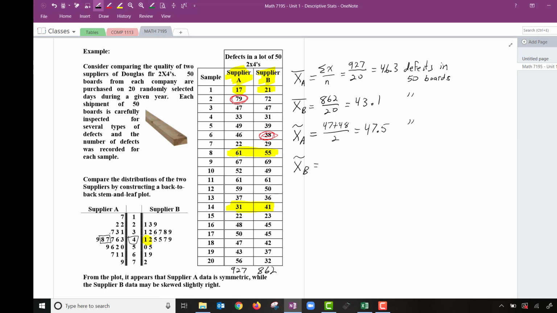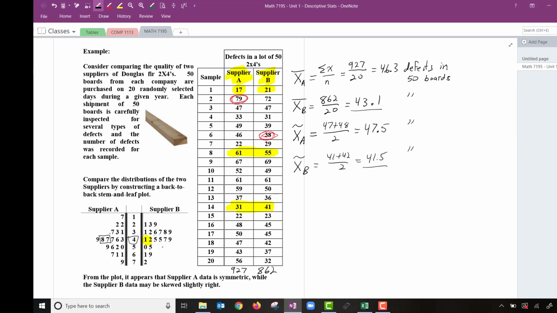The middle one is 41.5 defects in 50 boards. So in all categories, B is the winner. We knew it just by looking at our plot. Sometimes it's not as obvious, though, and we do need to do this further analysis.